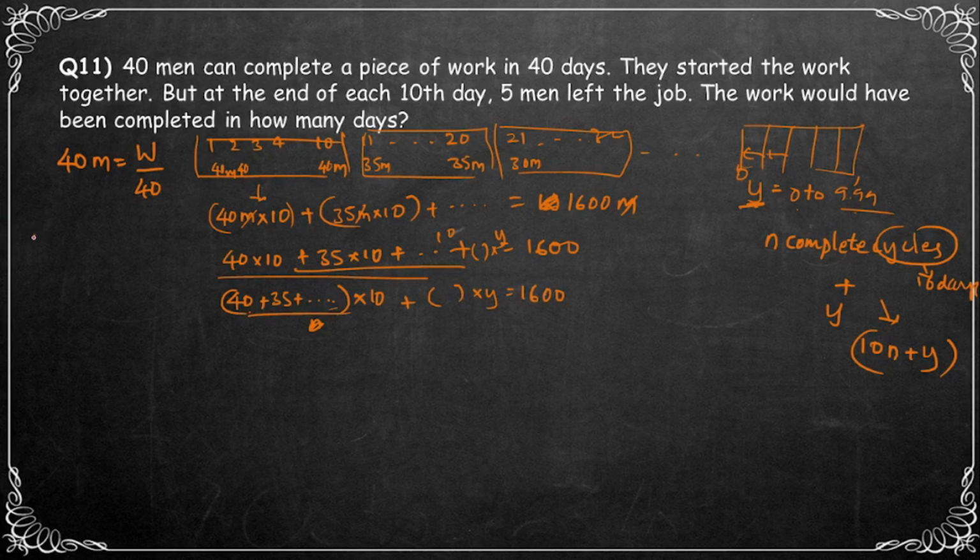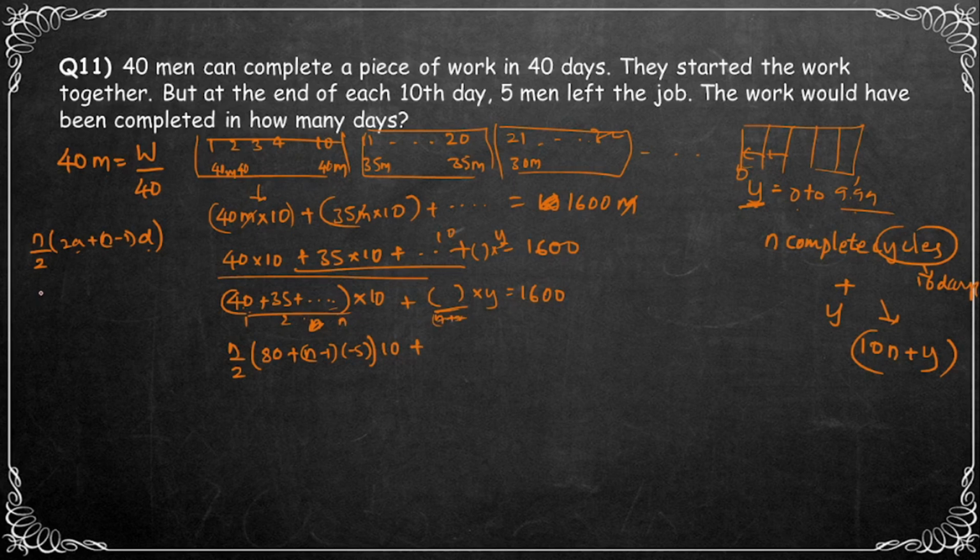Sum of n terms is n by 2 into 2a plus n minus 1 into d. So a is 40, d is minus 5 and n is n. If we replace that, we have n by 2 into 80 plus n minus 1 into minus 5, into 10 plus. Now the next number of men will be the n plus 1th term. So here we have first term, second term, like that n complete cycles, and the next one will be the n plus 1th term.